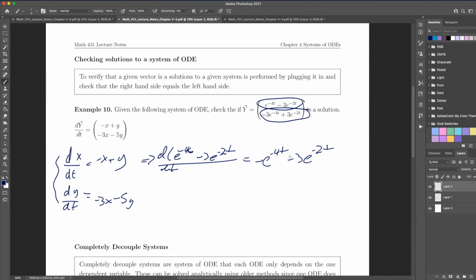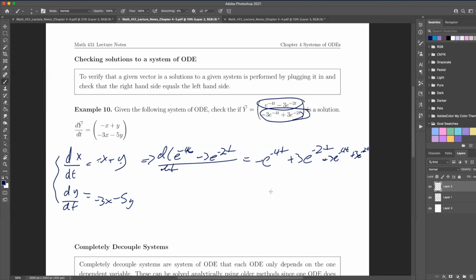So the minus carries in, so this becomes positive. Then plus the y, which is right here. So this is minus 3e to the minus 4t plus 3e to the minus 2t. Okay, so here I plugged in, this is minus x right here. This is the positive y, right?